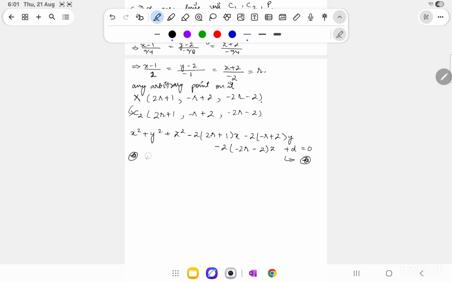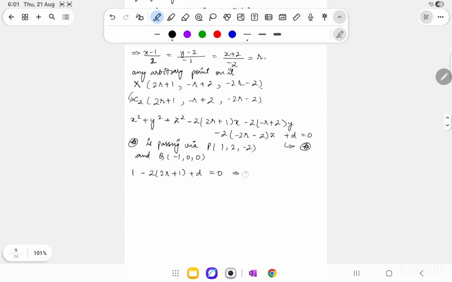So star is passing via point P, which is basically 1, 2, -2, and point Q, which is -1, 0, 0. Using these two, we can find the values of r and d. So that will be 1 - 2(2r+1) + d = 0.